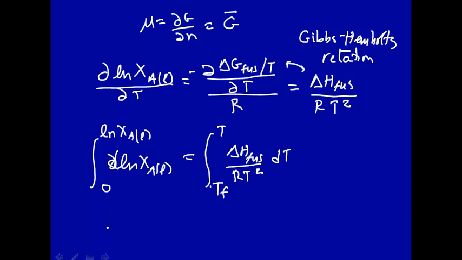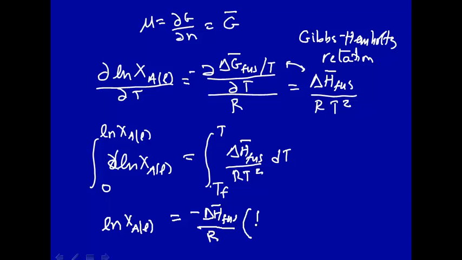All right, so we just have on this side the natural log of the mole fraction of A in the liquid state. That's equal to, you integrate, minus delta H fusion, and we probably should put a bar above that for partial molar, over R, times 1 over T minus 1 over the freezing point.